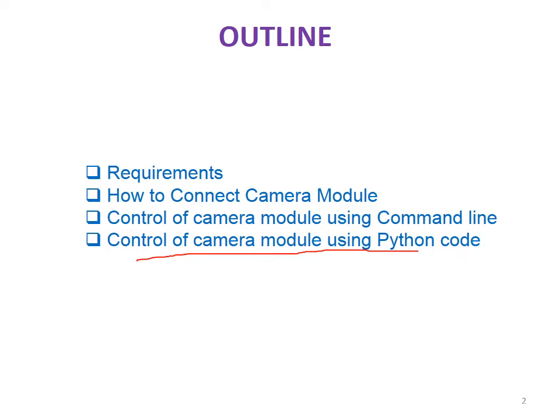Next we are going to see control of the camera module using the command line, and finally in the last we are going to take a look at control of the camera module with the help of Python code. In addition to this, we also have Python code practice to make this possible along with command lines. So guys, one by one I am going to cover the things.